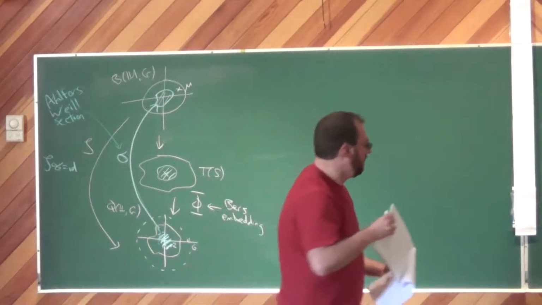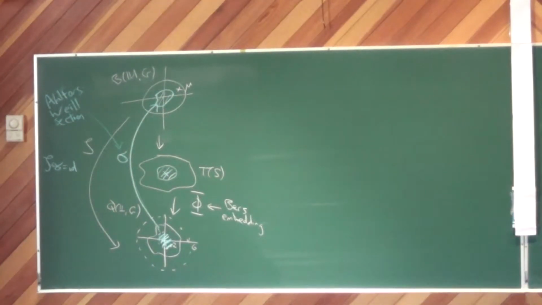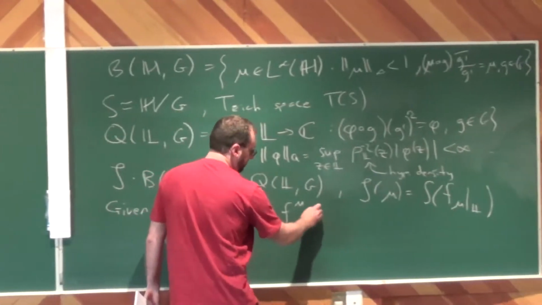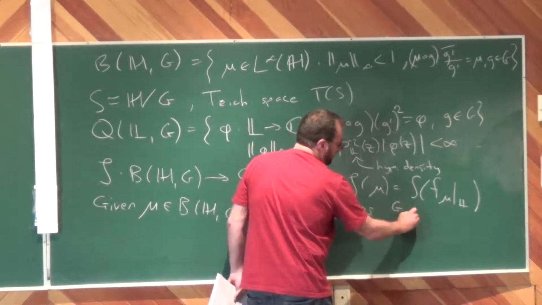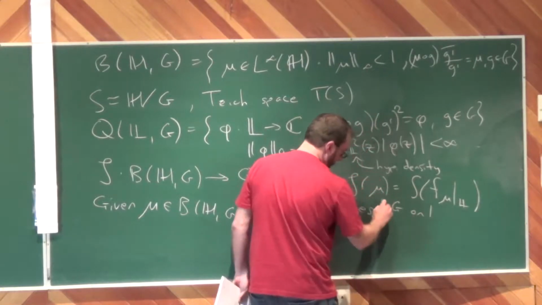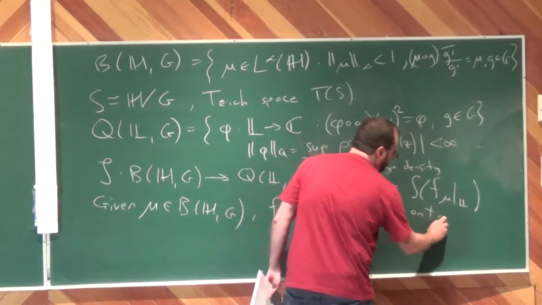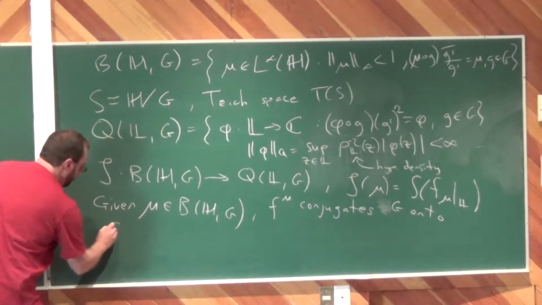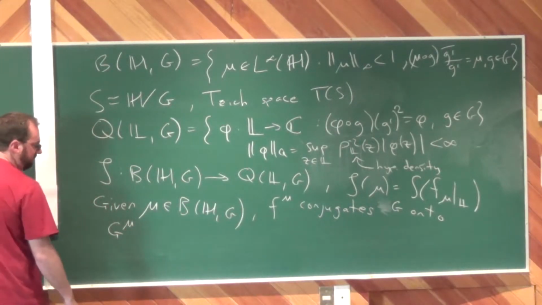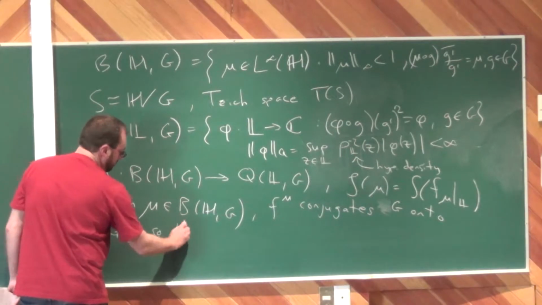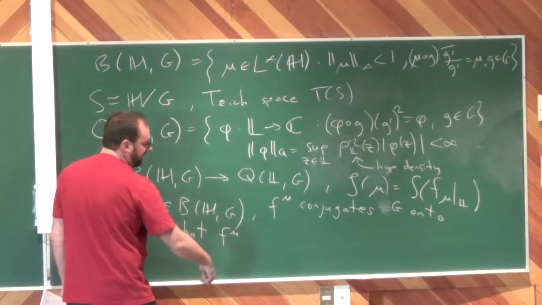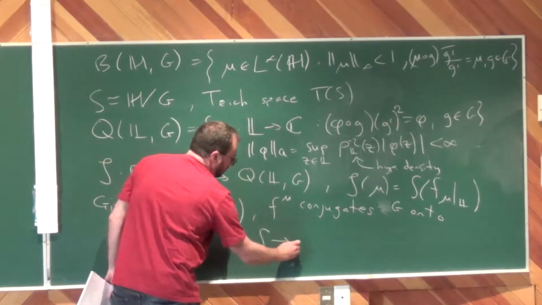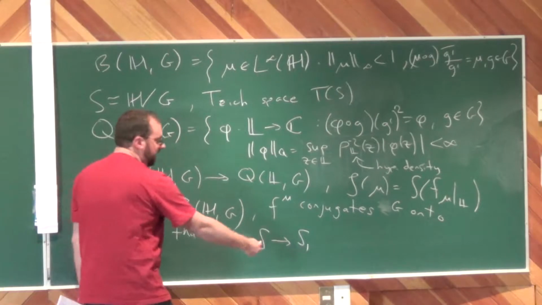Then the quasi-conformal map F upper mu, we've said this before, conjugates G onto another covering group, G upper mu. So we can project F mu to be a quasi-conformal map from S to S1.